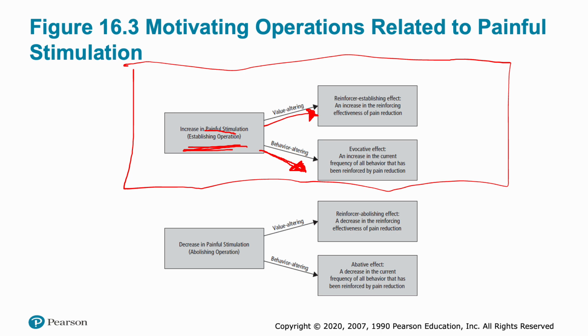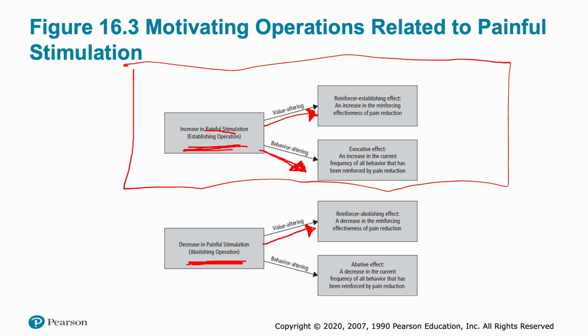Okay, let's say that I've taken medication, I'm feeling all better. Now, because there's a decrease in painful stimulation, that serves as an abolishing operation, which means the value of gaining access to medication is going to be decreased, okay?